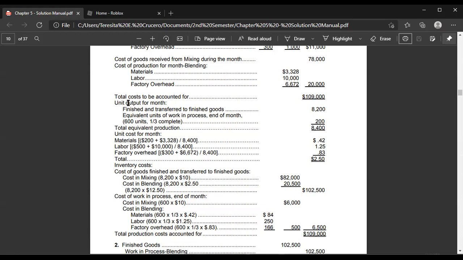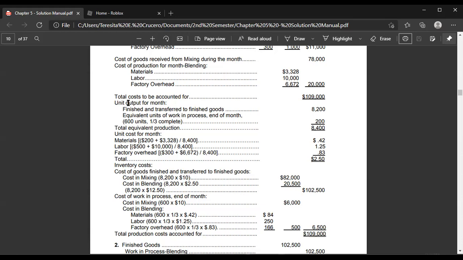This was shown in E5-15. So we have now the cost in blending, total 102,500. So we have the cost of the work in process, 600 units at 10, and in the blending only 1/3 work.